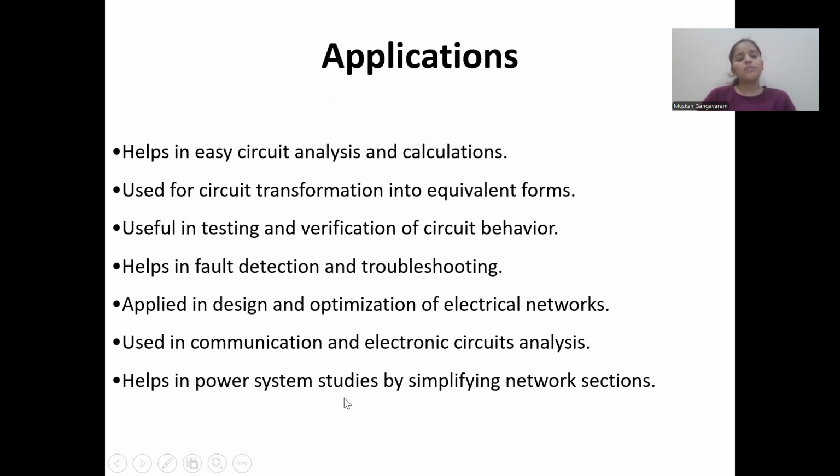It helps in power system studies by simplifying network sections. In simple words, we can say that the substitution theorem is used to reduce our calculations and make circuit analysis easy.